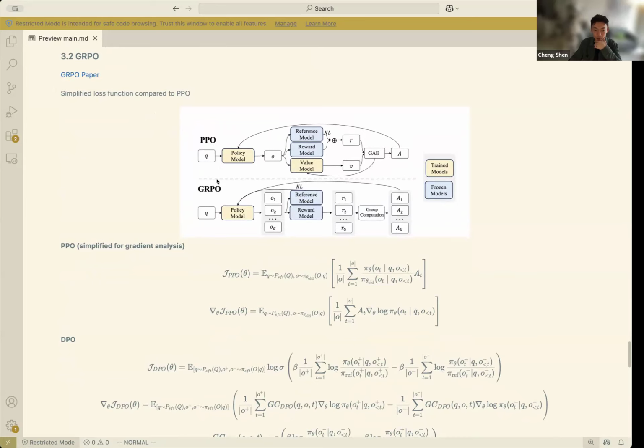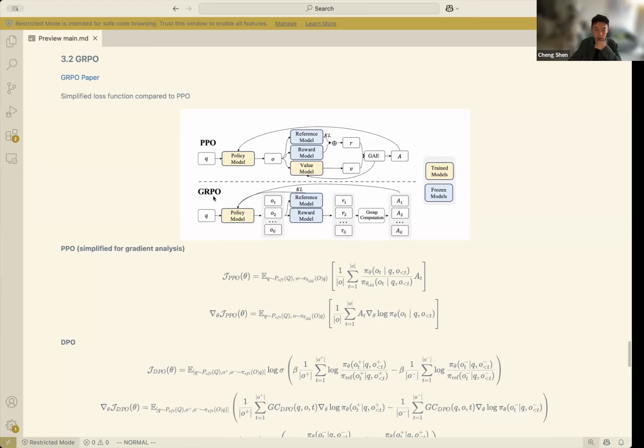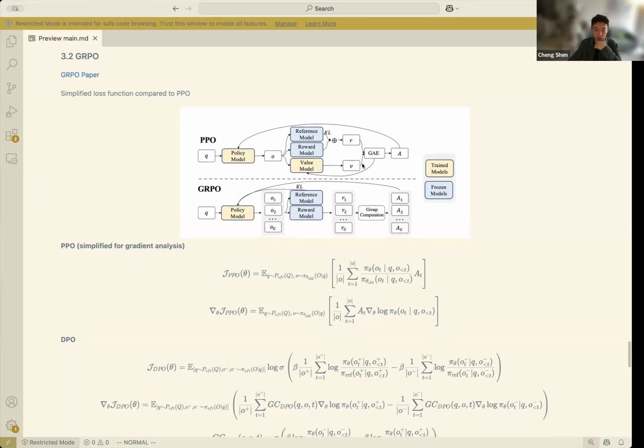So for example, the reason why they use GRPO instead of PPO is this. If we look at this graph comparing PPO versus GRPO, in PPO we have the policy model, which is the large language model itself. But in PPO, we need to train a value model together with the policy model during the training process.